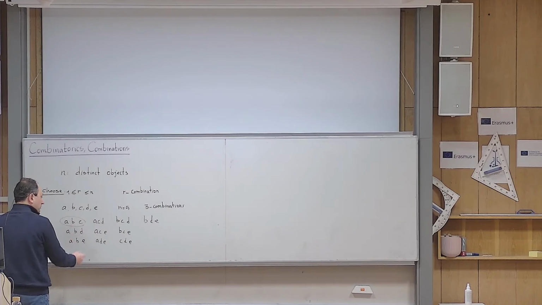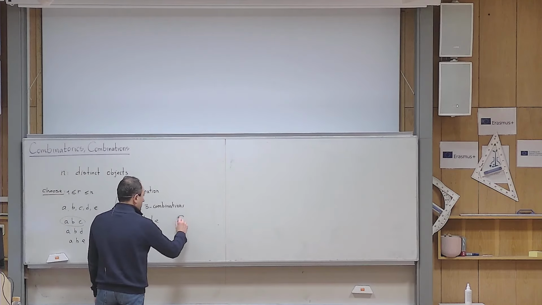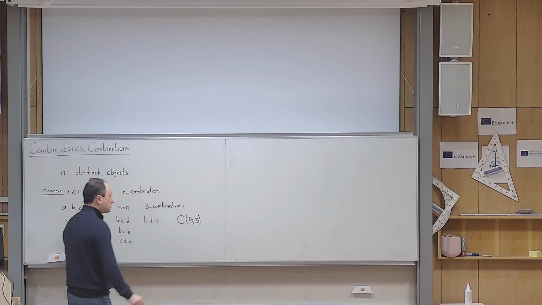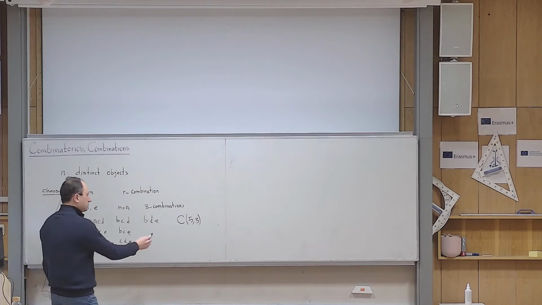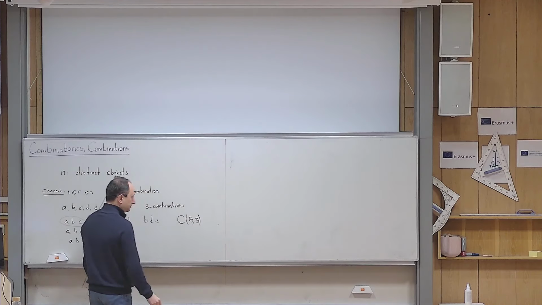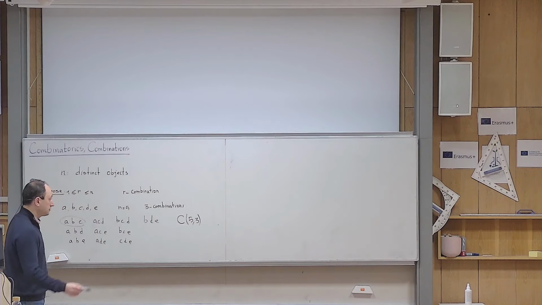The number of 3 combinations is denoted by this symbol, C(5,3). I have 5 distinct objects, and then I want to choose 3 of them. How do we read this? Sorry, it is read 5 choose 3.